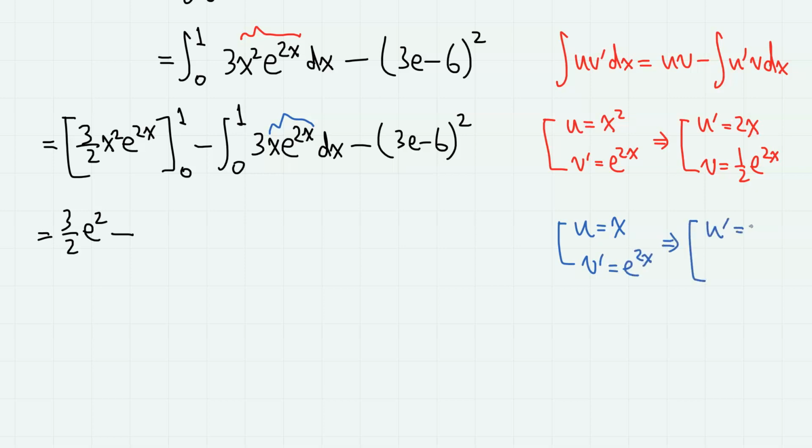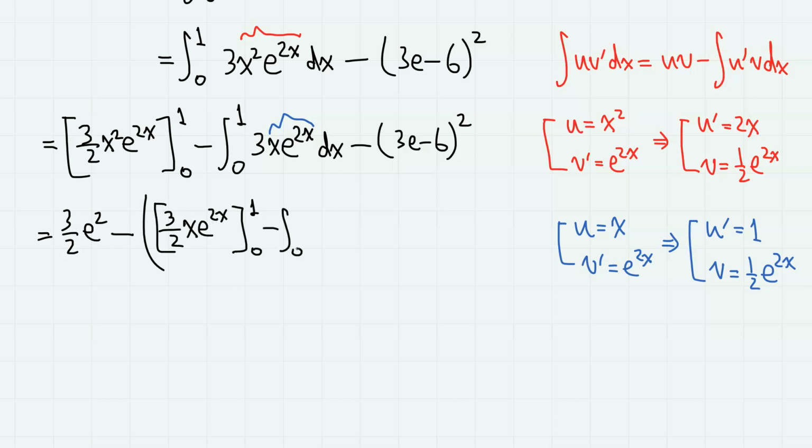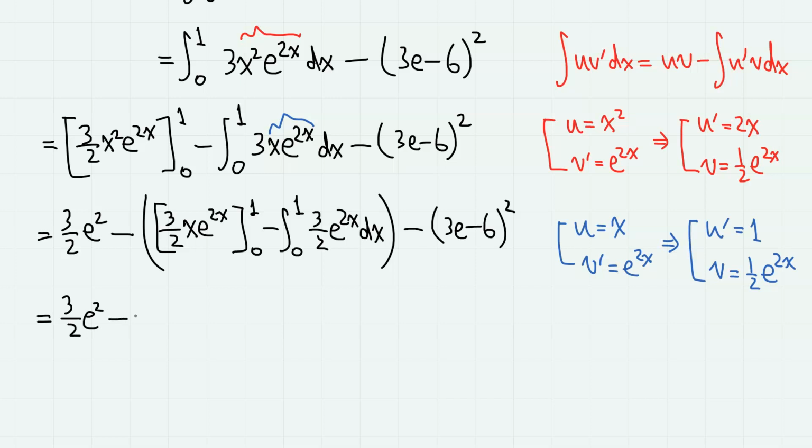Then u prime is 1 and v is 1/2 e to the 2x. So we have 3uv, so 3 over 2 x e to the power of 2x minus integral 3 u prime v, so 3 over 2 e to the 2x dx, minus this, so 3 over 2 e squared minus 3 over 2 e squared minus the integral of this, which is 3 over 4 e to the 2x.